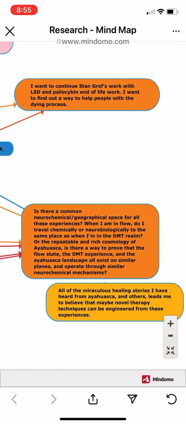Because according to that movie from Pixar about feelings, the flow state is like a genuine ethereal place, like a physical place you can go. And so I'm wondering, were they right? Is that place real? Can we figure out how to better program therapy to help people potentially use that space medicinally?